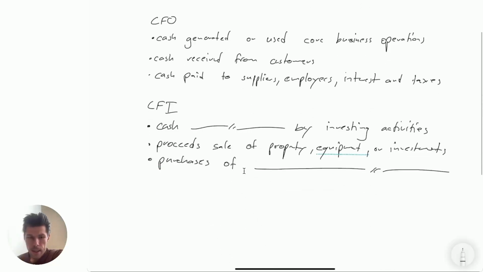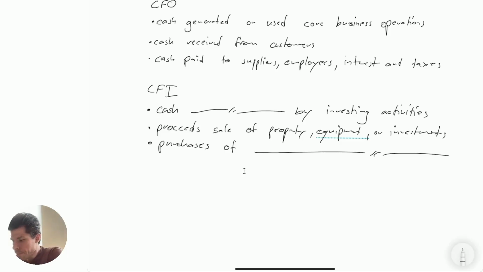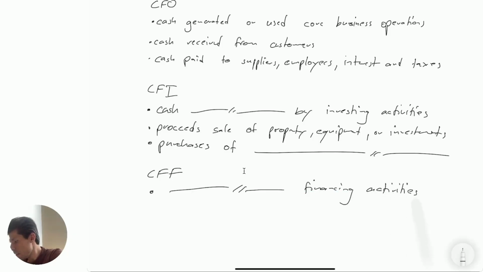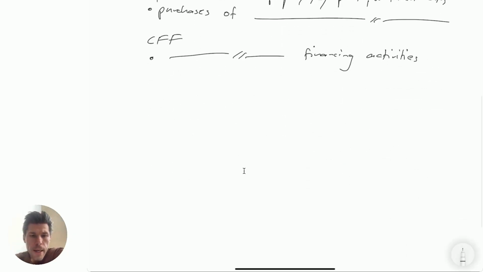And the last one is cash from financing activities, which is cash generated or used by financing activities related to a company's capital structure. Again, as the name suggests, financing activities. And this basically tracks cash flows between the company and its investors or creditors.